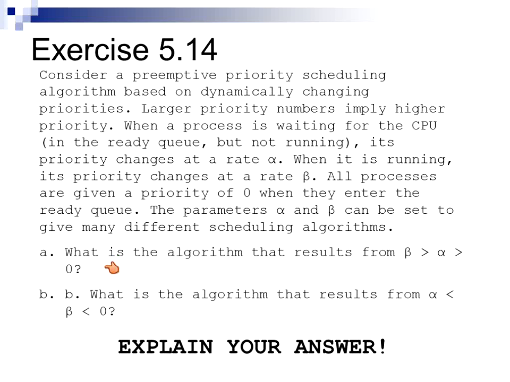The other question is, what algorithm results when alpha is less than beta and beta is less than 0? Your answer will be something short, like RR or FCFS or SJF. That's what I mean when I ask what algorithm results.